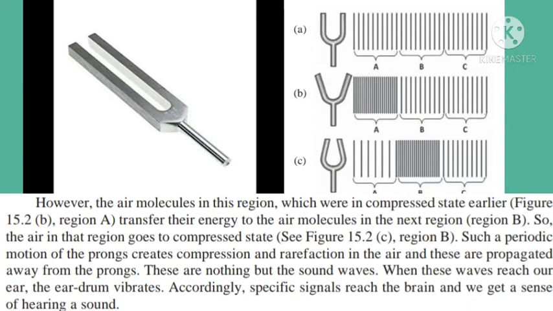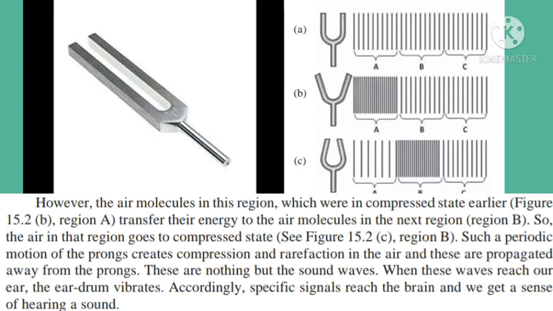However, the air molecules in this region which were in compressed state earlier, that is in figure 15.2b, region A, transfer their energy to the air molecules in the next region, that is region B. So, the air in that region goes to compressed state.